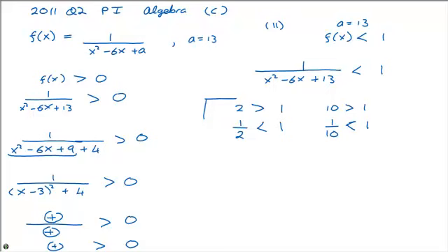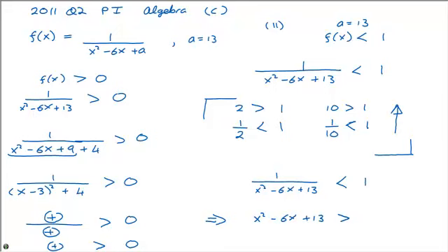Now if you take that piece of information and you work backwards, so it works forwards and it works backwards, and you apply it to the situation that we're looking at here. If we know that 1 all over x squared minus 6x plus 13 is less than 1, well, this in turn implies that x squared minus 6x plus 13 is greater than 1.